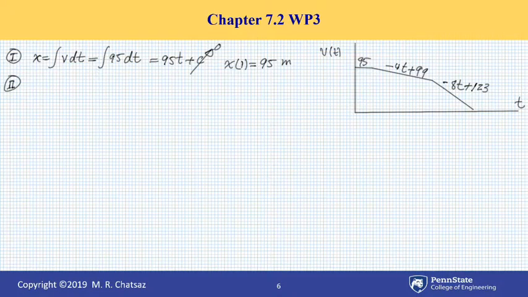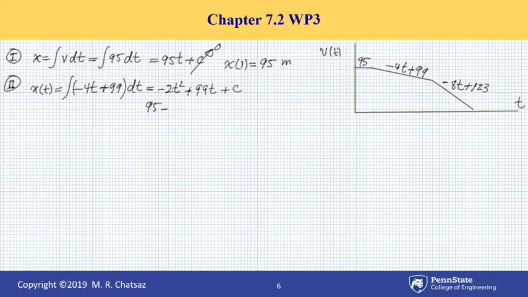Then for phase 2, x as a function of time equals the integral of v dt, but this time v is minus 40t plus 99. So I want to integrate this function, which gives me minus 2t squared plus 99t plus some constant, which can be found if I plug 95 meters for x and 1 second for time t.